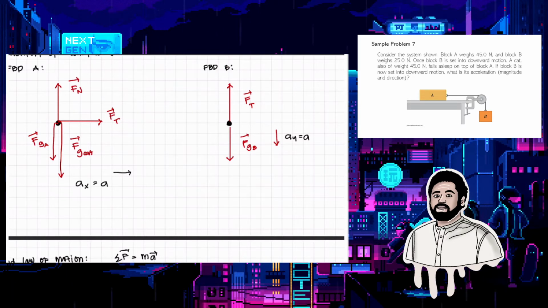If we got a negative acceleration, block A should be going to the left, and block B is going up.